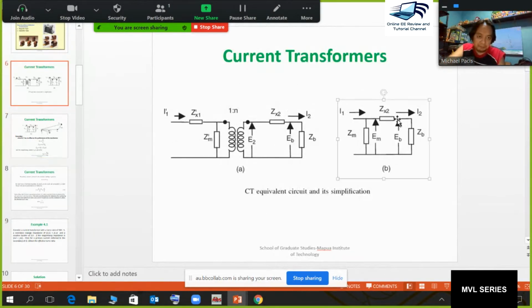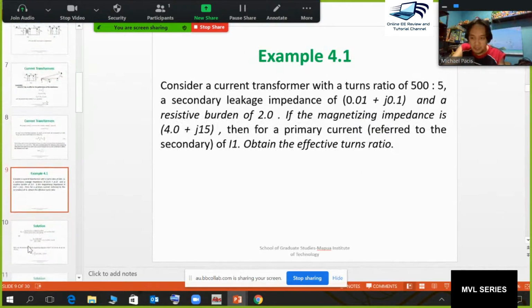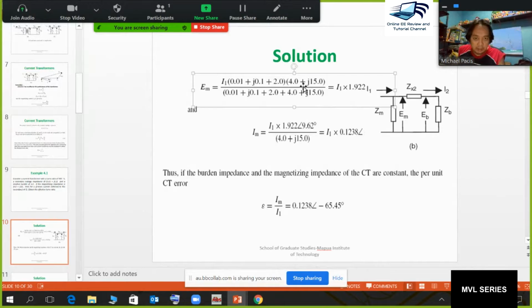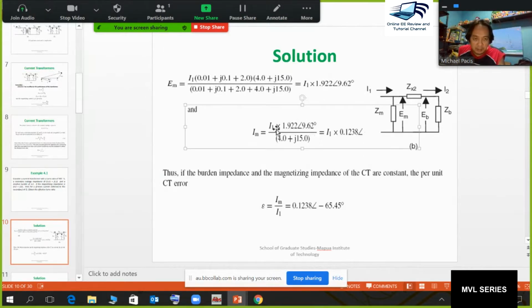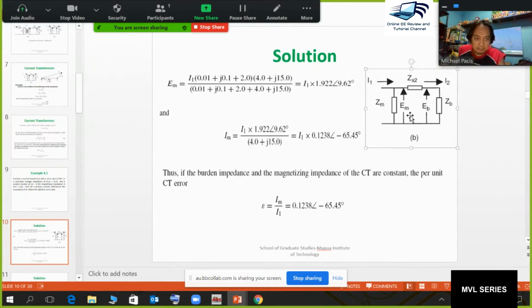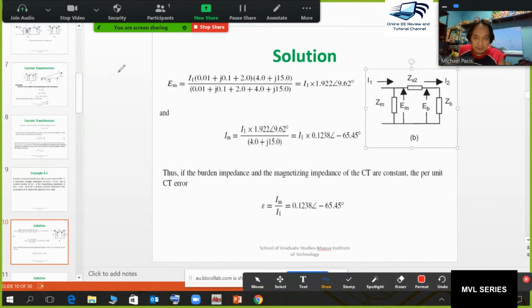Okay, I will go back here. I just copy-paste this on the solution so that we can see what we are solving here. Now, it will explain this value.